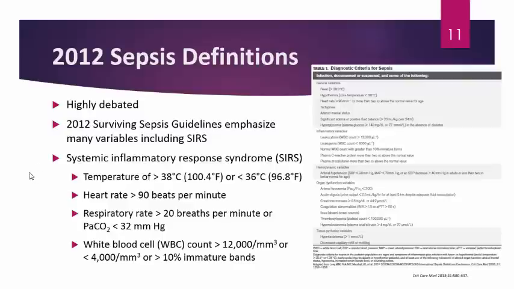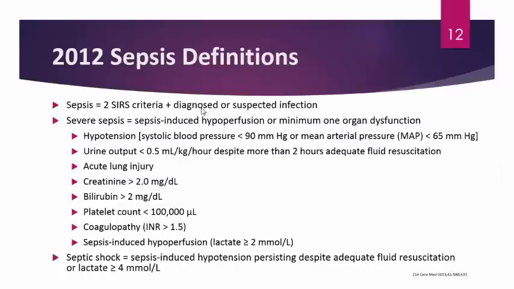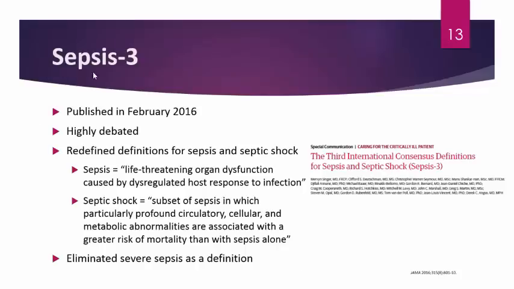Now, you may have infection that's related to either a post-surgical phenomenon or pancreatitis, for example, or even trauma. Trauma is another thing that can cause a systemic inflammatory response syndrome. But if you don't have a suspected infection or a diagnosed infection, but you just have SIRS criteria, you do not have sepsis. So that was a big thing that actually led to the development of Sepsis 3.